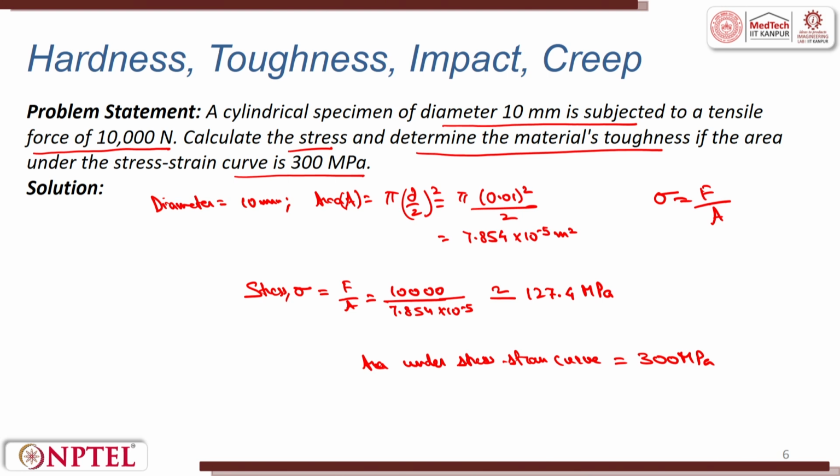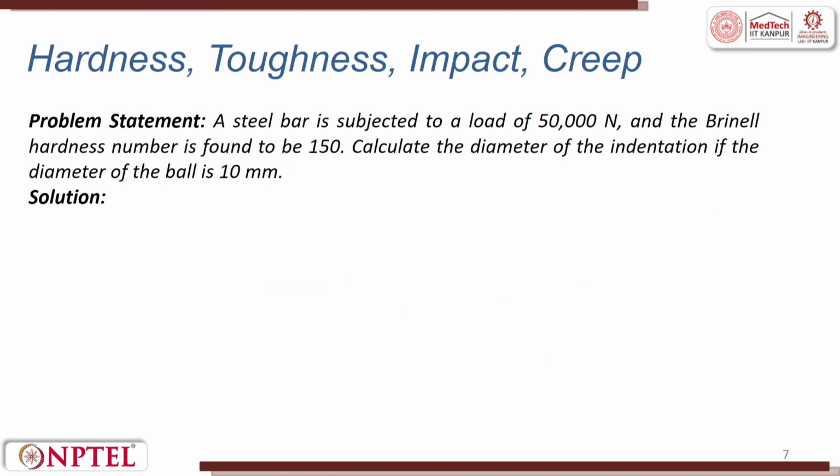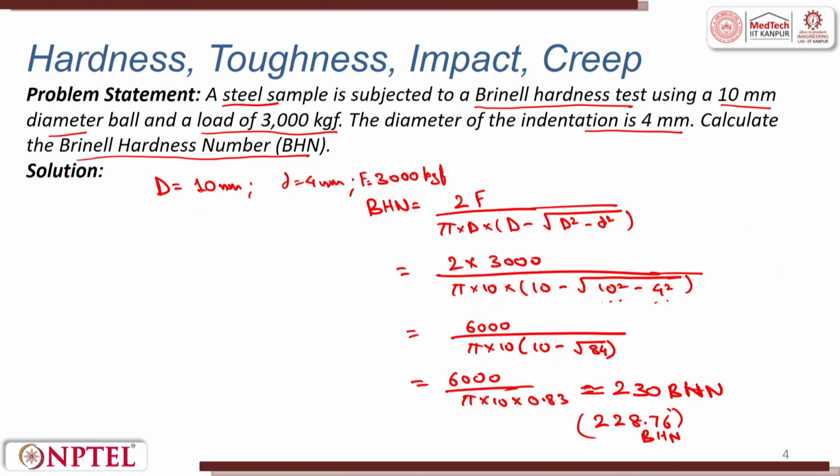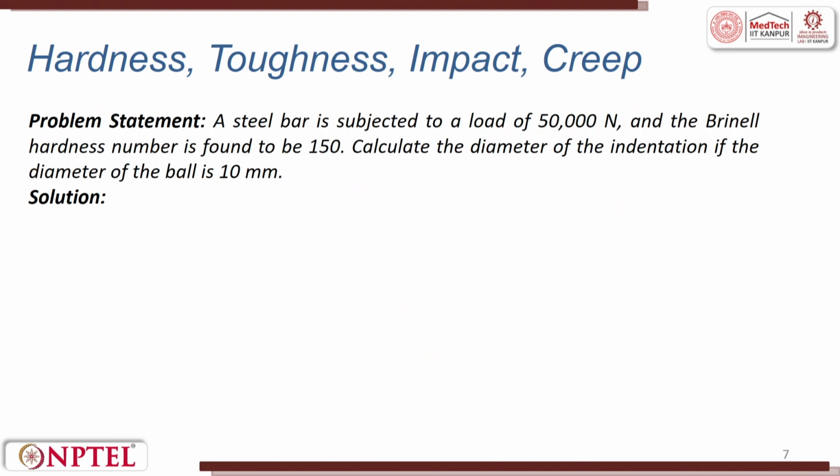So, similarly, let us do another numerical in BHN. It is very similar to the problem statement we did above. Here the BHN number is to be determined when the ball diameter, indenter diameter and force are given. I have a similar numerical for you to take as a home assignment. The load is given as 50,000 Newton, right.